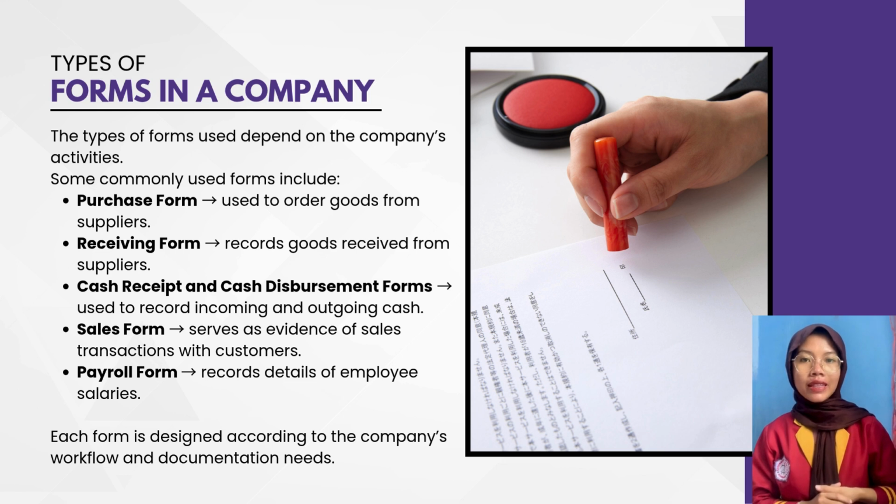Cash receipt and cash disbursement forms serve as proof of incoming and outgoing cash. Sales form records transactions with customers. And payroll form contains details of employee salaries and deductions. Each form is designed according to the company workflow and documentation needs.